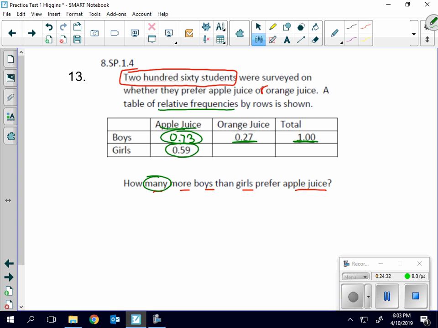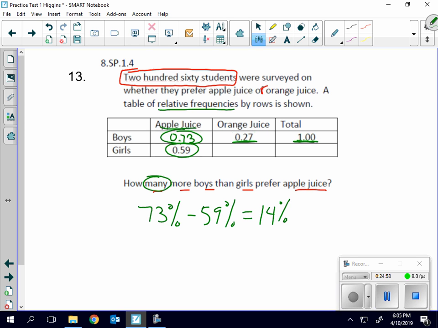Well, we have, so we can figure out, first of all, let's do the percentages for a second. 73% minus 59% gives us 14% more.